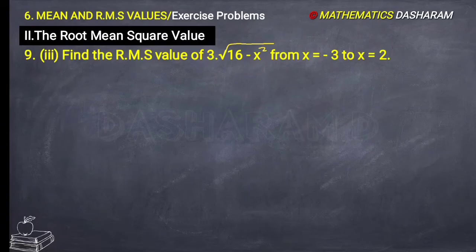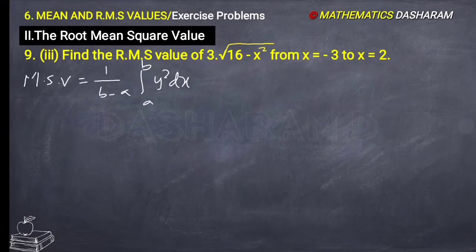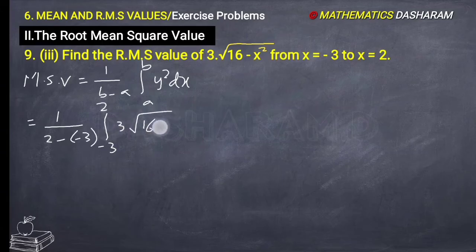Third question: find the RMS value of 3 into under root 16 minus x square from x equals minus 3 to x equals 2. First find out the MSV value, that is 1 by b minus a, b value 2 and a value minus 3, integration minus 3 to 2 of y square, 3 into under root 16 minus x square, whole square, dx.